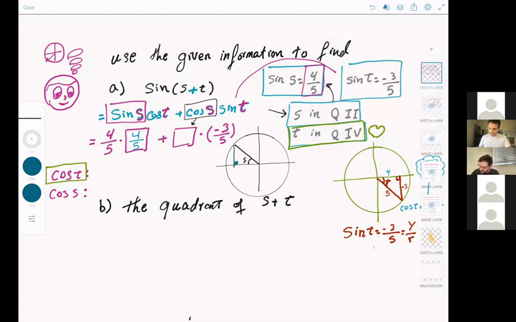We have sine of S is 4/5, so this is 4, that's 5. I use the Pythagorean theorem, and I find -3 for x. Then cosine of S will be -3/5.